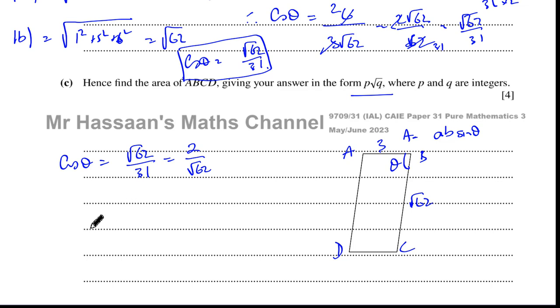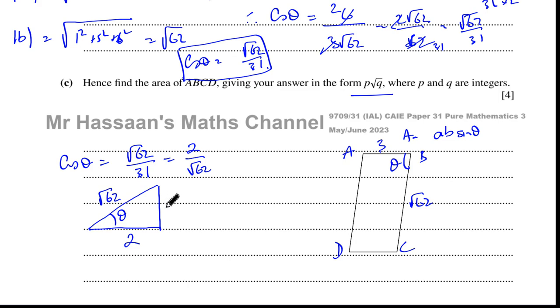So this is where you should be confident, where we can take this triangle. You can imagine we have a triangle. Imagine this is theta. Cosine of theta is root 62 over 31. To make the numbers a bit easier, we can write it as 2 over root 62, which gives the same ratio: 2 over root 62, adjacent over hypotenuse.